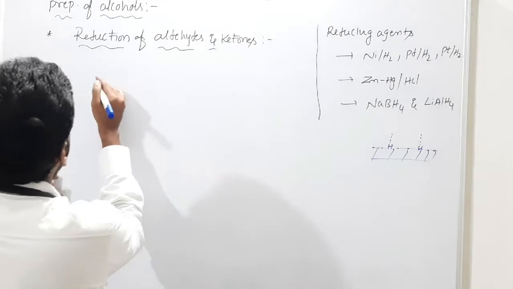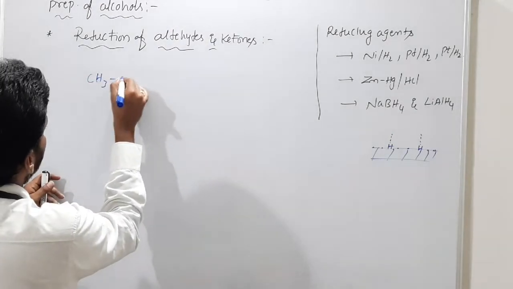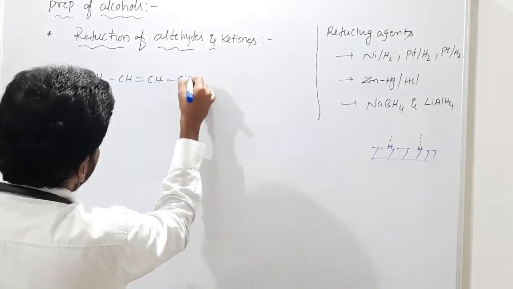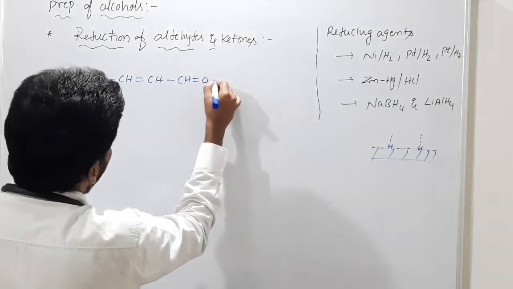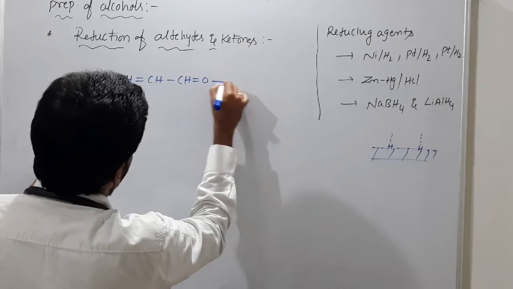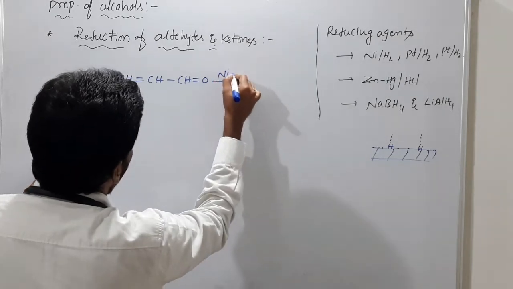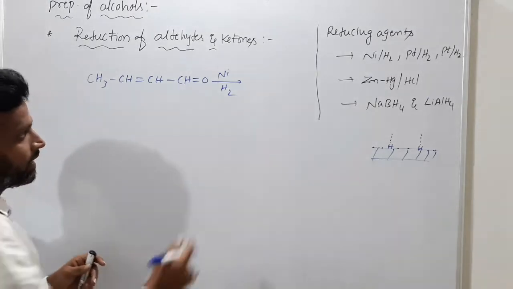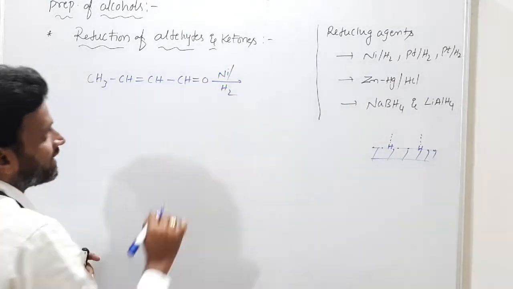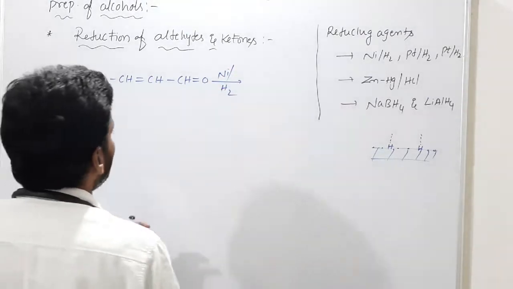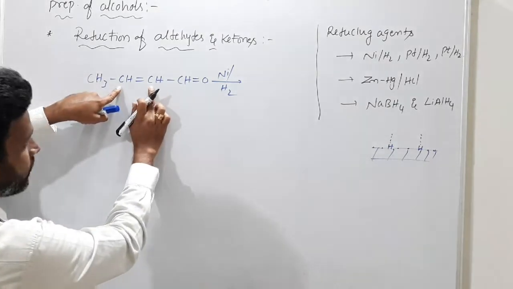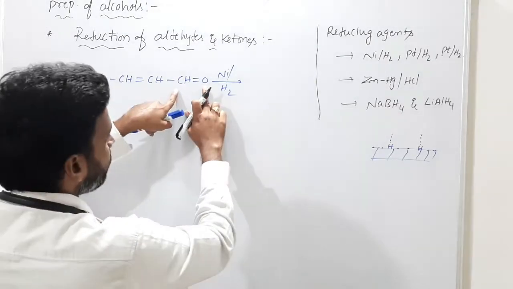So if I am using CH3, CH double bond CH and CH double bond O with nickel by H2, means I am adding H2 in presence of nickel, what is the final product? Listen carefully. Here this C double bond C is there and C double bond O is there.